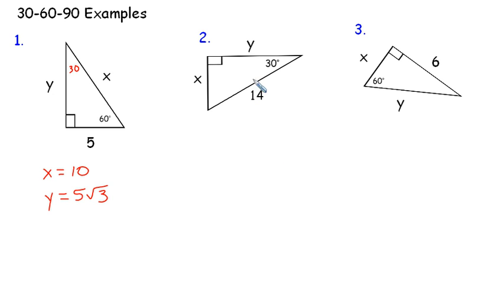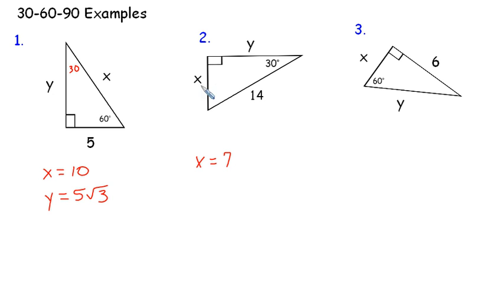On the next problem, we're given the hypotenuse. So let's find the short leg first. X is the short leg. So if the hypotenuse is 2 times the short leg, then if we know the hypotenuse, we'll have to divide by 2 to get the short leg. So 14 divided by 2 is 7.